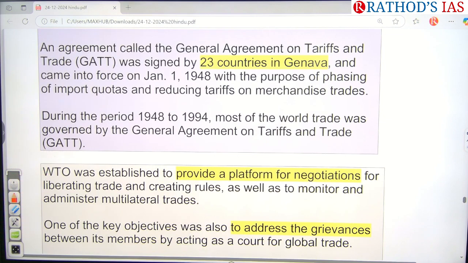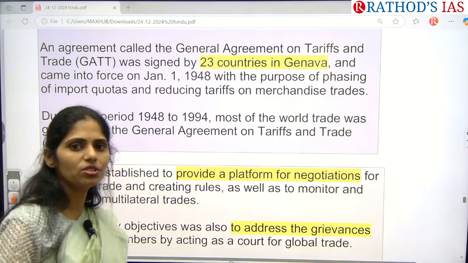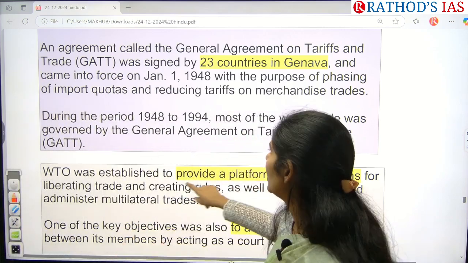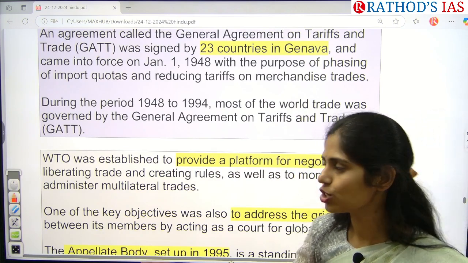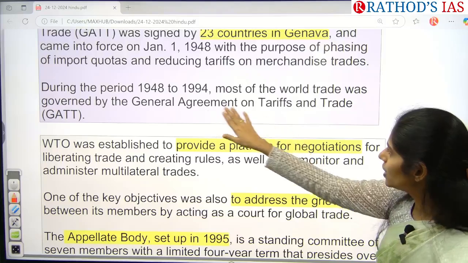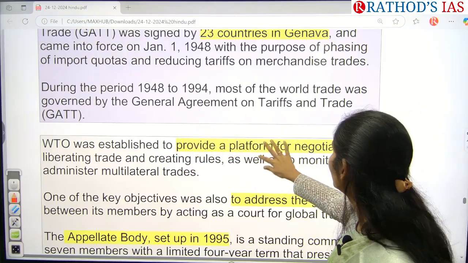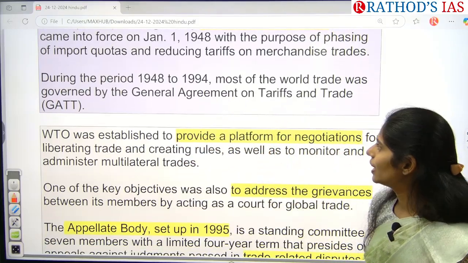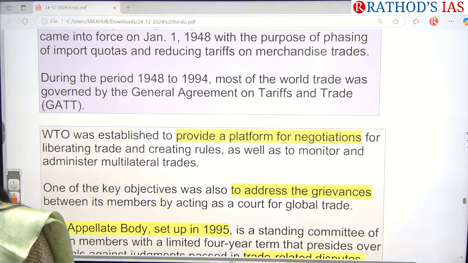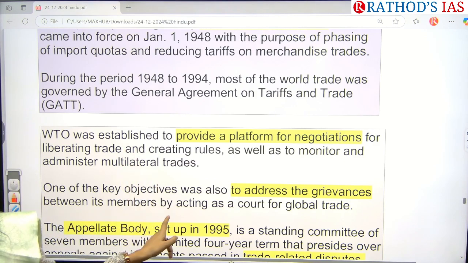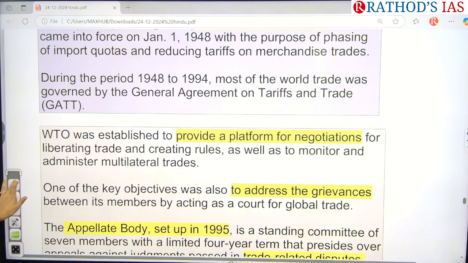In GATT, they said we are going to reduce tariffs and import duties so that we can ensure free and fair trade. During the period from 1948 to 1994, most of the trade was governed by GATT. But in the recent past, there is a problem in the appointment of judges under the appellate tribunal. From that time onwards, there was a problem.